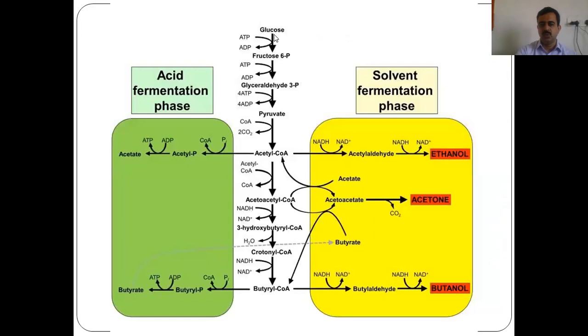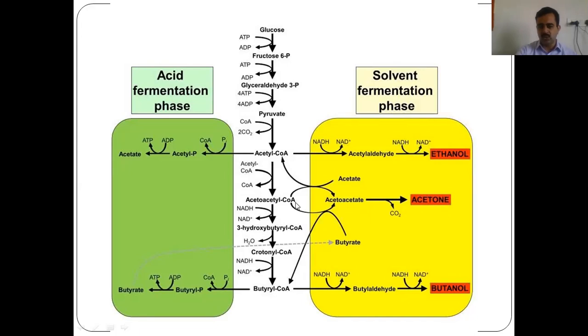See here, from glucose to fructose 6-phosphate, glycerol 3-phosphate, pyruvate. Acetyl coenzyme A, when it goes with acetaldehyde, will form ethanol. Acetoacetyl coenzyme A is there, then acetoacetate, and it will form acetone.